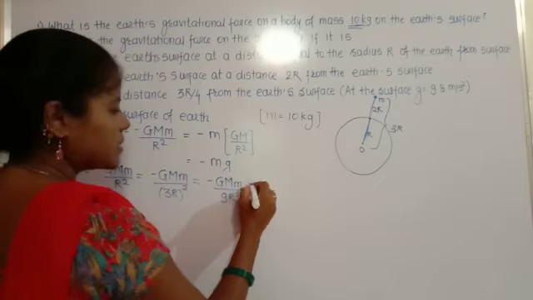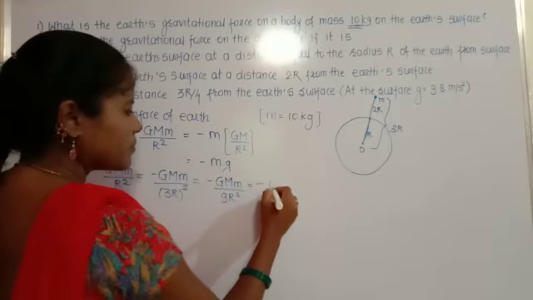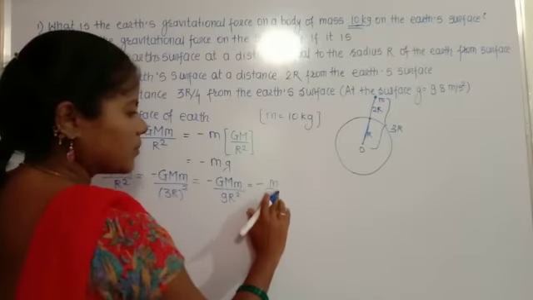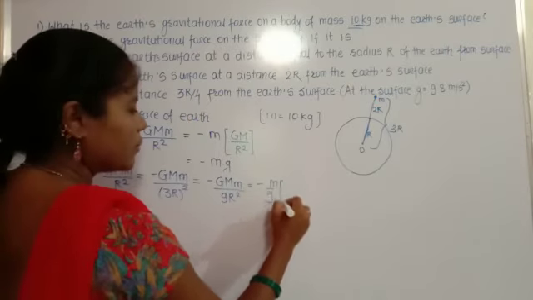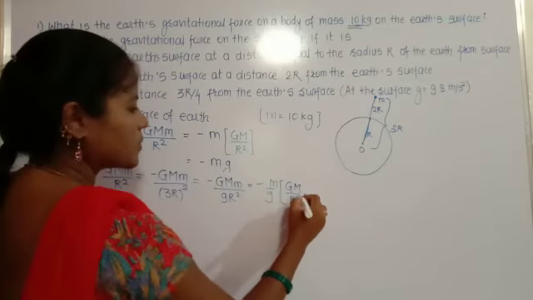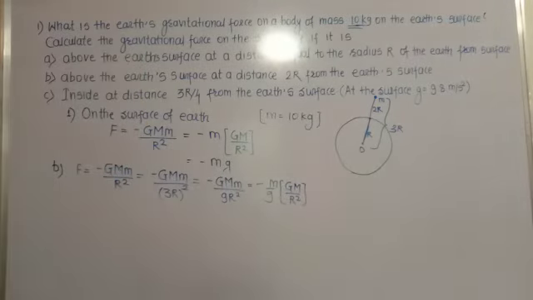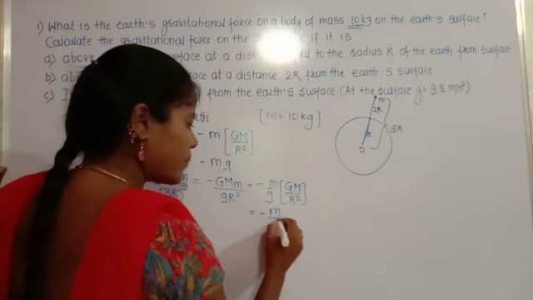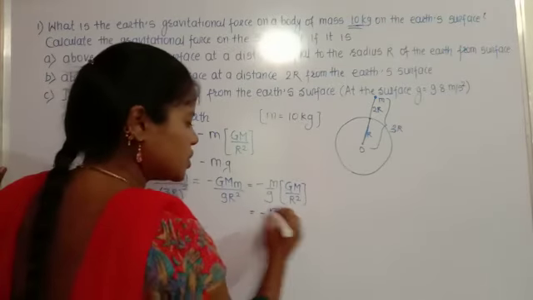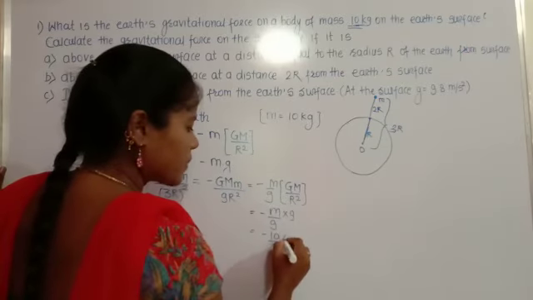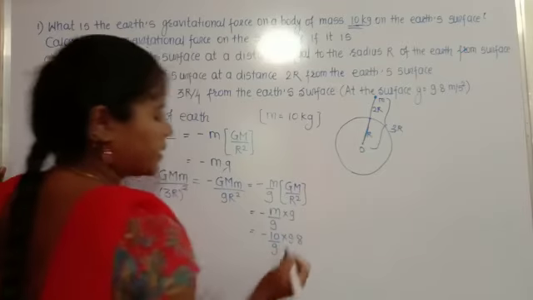Then by adjusting this term, we get minus 1 by 9 m into bracket capital G capital M divided by R square. So this is nothing but minus m by 9 into G, which equals minus 10 by 9 into 9.8.